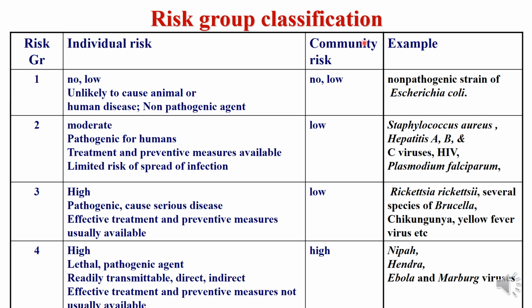Now, if any lab is working on all these different types of organisms, the lab will be divided into different sections based on the risk group, and they will follow suitable guidelines whenever they are working on such organisms. Especially the high risk group organisms will have to follow very precautious steps to carry out the analysis or the various tests pertaining to these viruses.